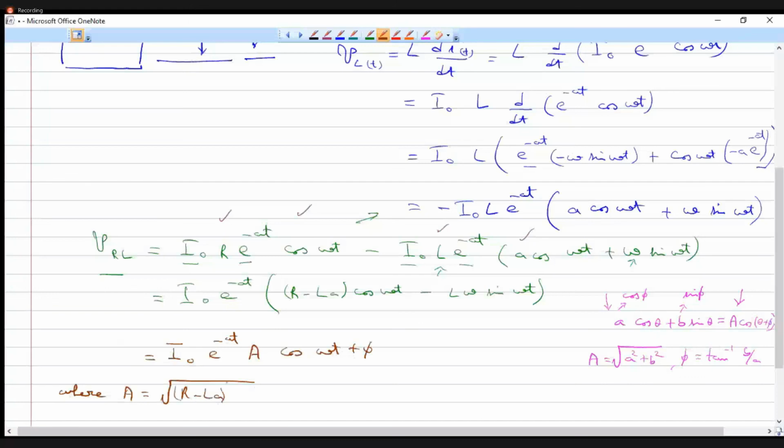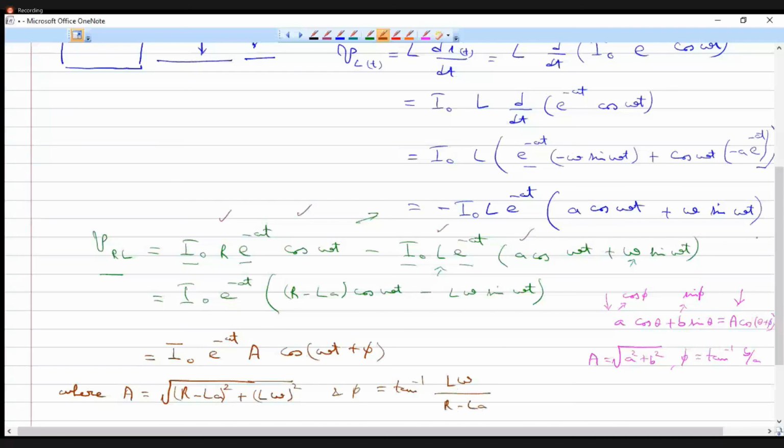Here the small a is replaced by R minus L α, and b is replaced by L omega. And phi is equal to tan inverse of b by a, right? So here b is equal to L omega and a is equal to R minus L α.